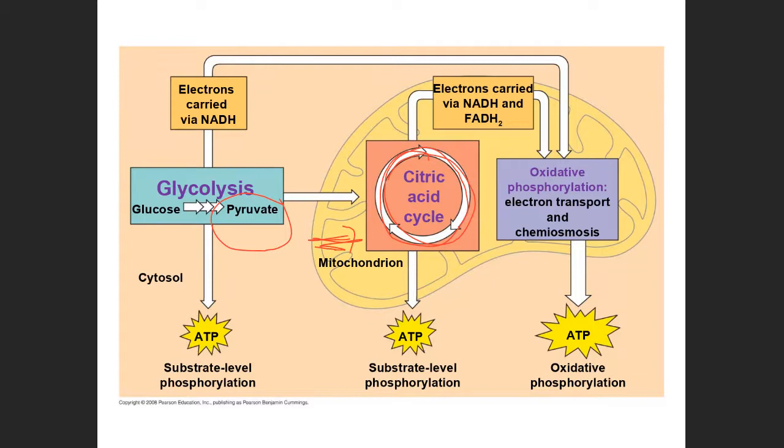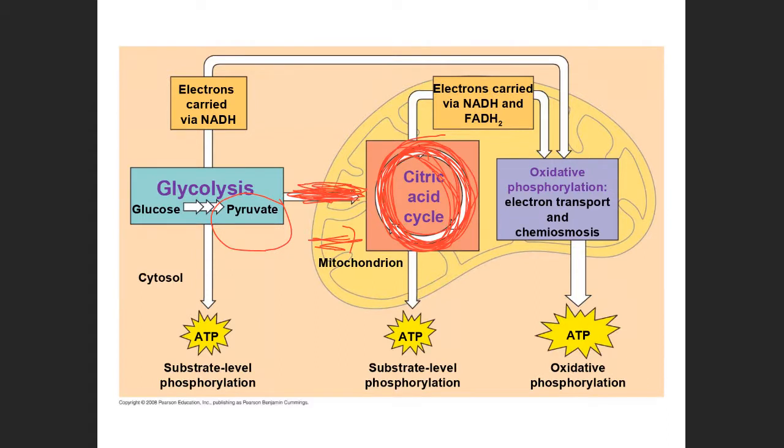It happens only if the oxygen is present, because glycolysis happens in both aerobic and anaerobic respiration, with the oxygen and without the oxygen. But if the oxygen is present, it will enter the mitochondria, and once it enters, it is immediately oxidized into acetyl coenzyme A that will enter the citric or Krebs cycle, right?